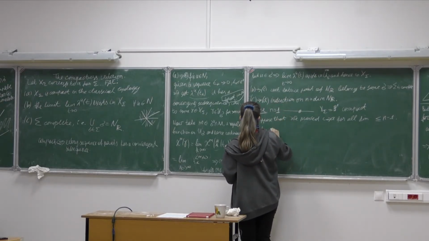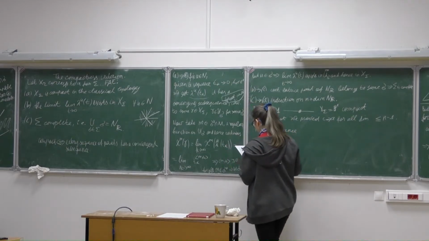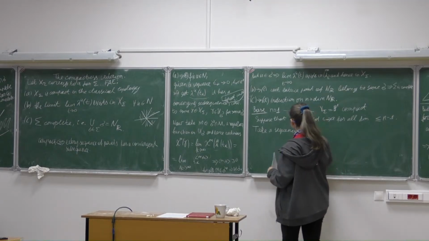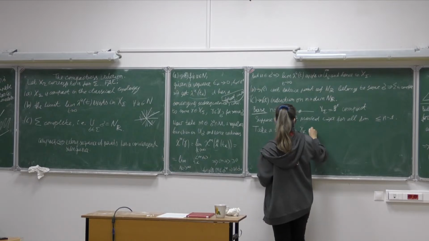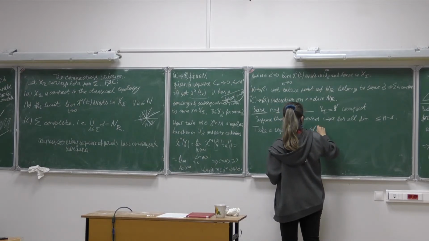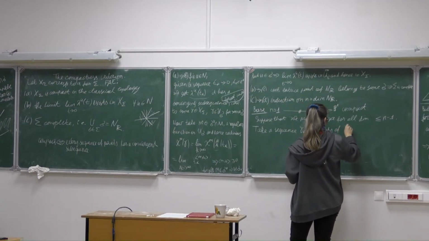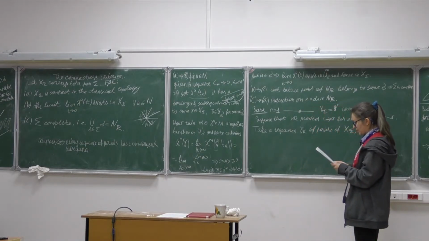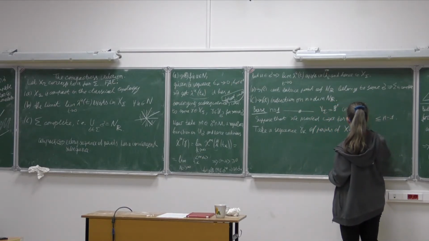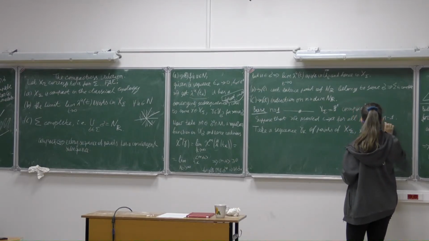Take a sequence of points gamma k of points of x sigma and look for a convergent subsequence.